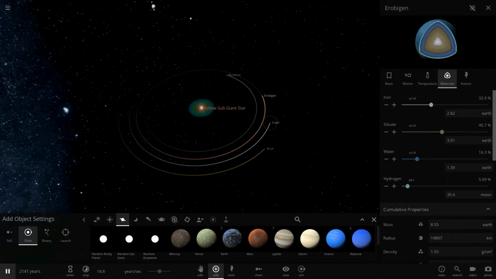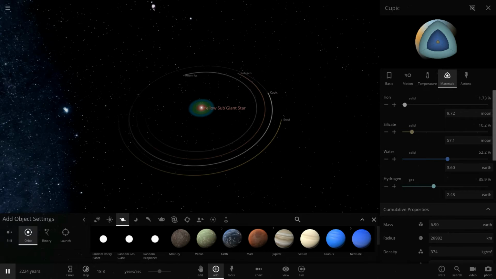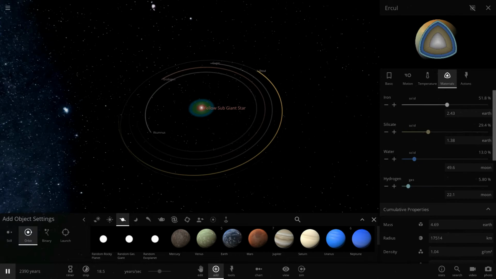In the end, these planets will just be cooked so much that they will lose everything. They will be cooked until there is nothing left.